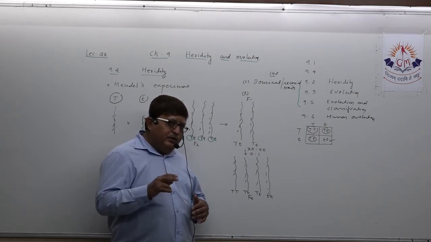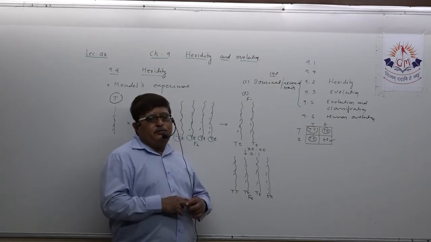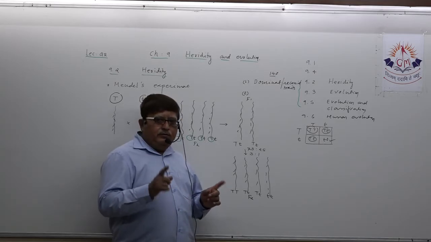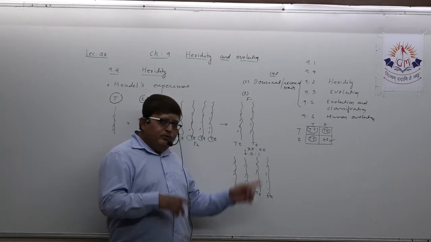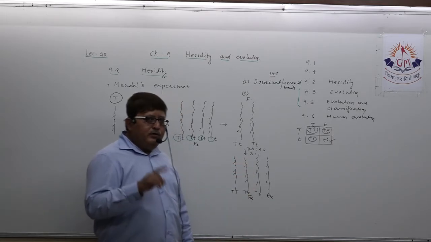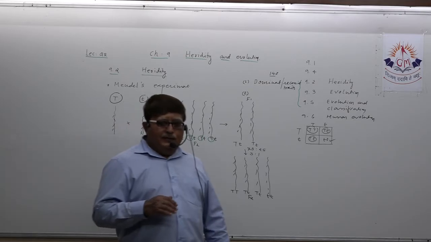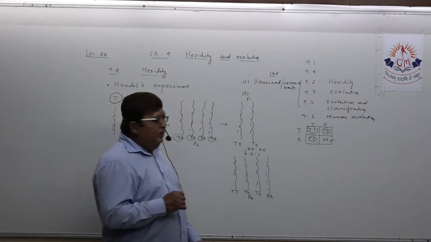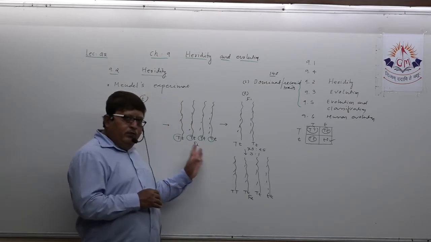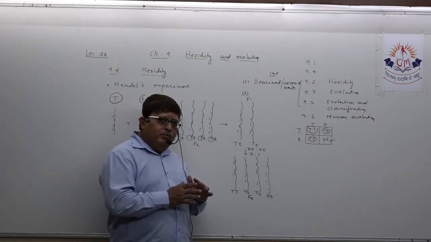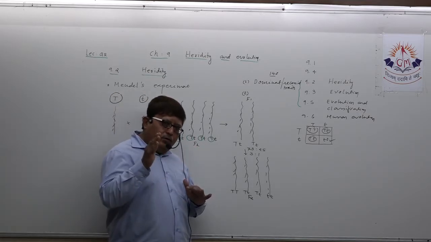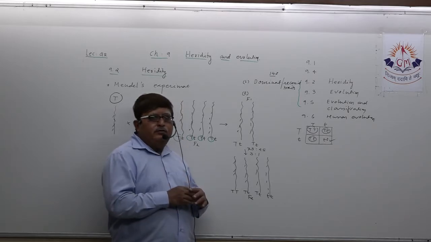But here he targeted two traits: tallness, dwarfness, round seed and wrinkled seed, and he observed the same type of result in the first generation. In the first generation, in four plants, he observed only one dominant trait, that is tallness and round seed.